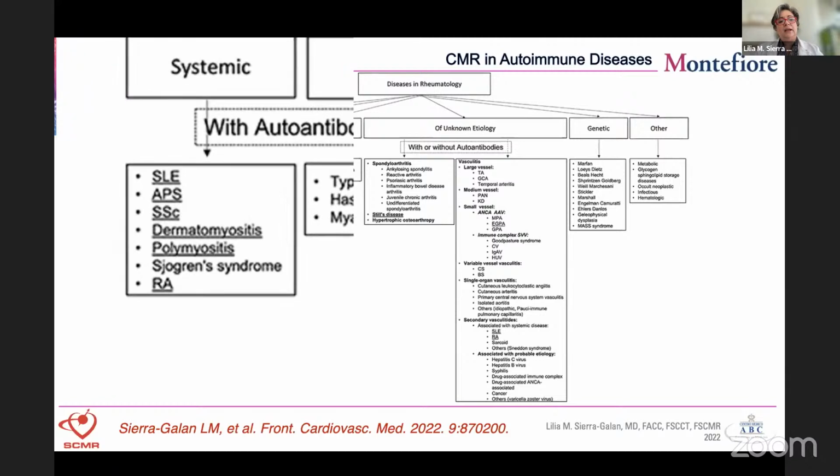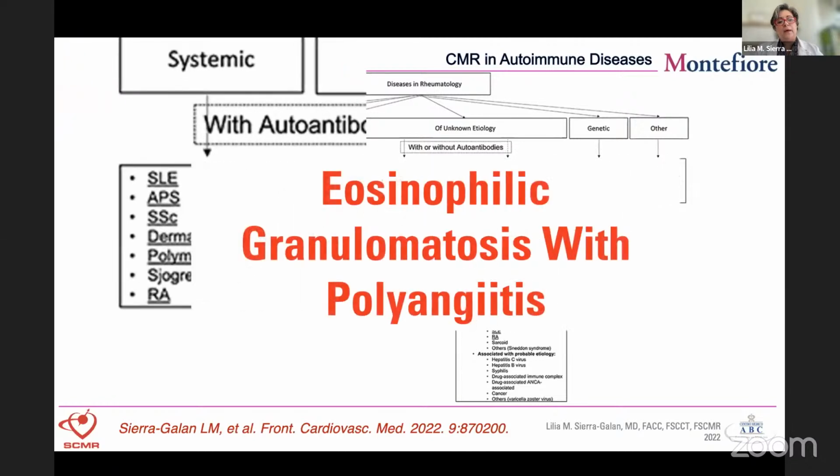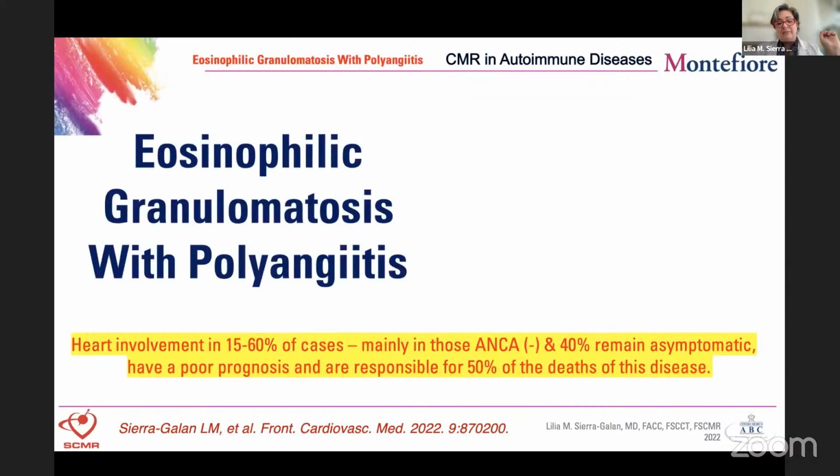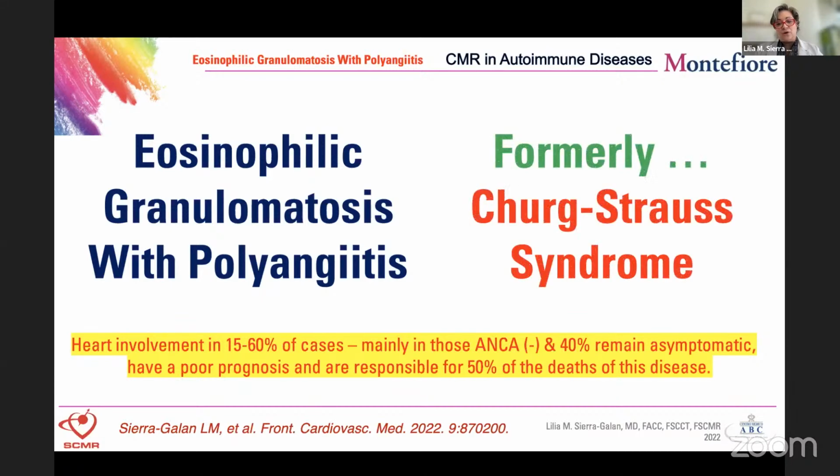And now we are going to talk about eosinophilic granulomatosis with polyangiitis, which previously was called Churg-Strauss syndrome. Everyone knows this disease as Churg-Strauss syndrome, but officially now it's called eosinophilic granulomatosis with polyangiitis.